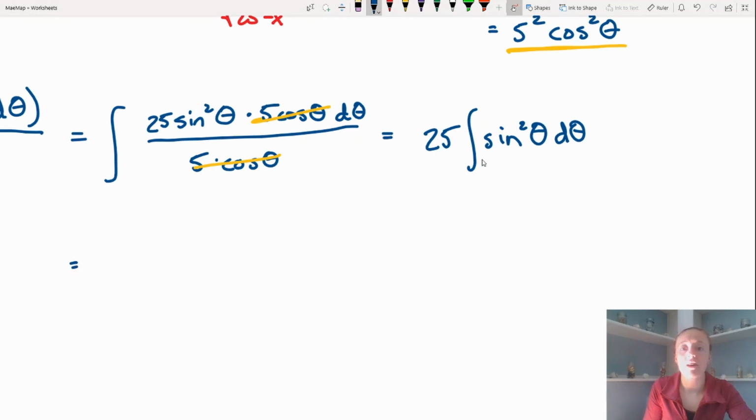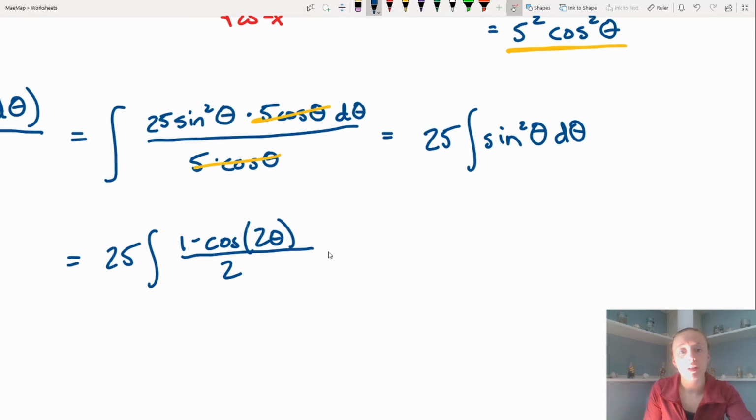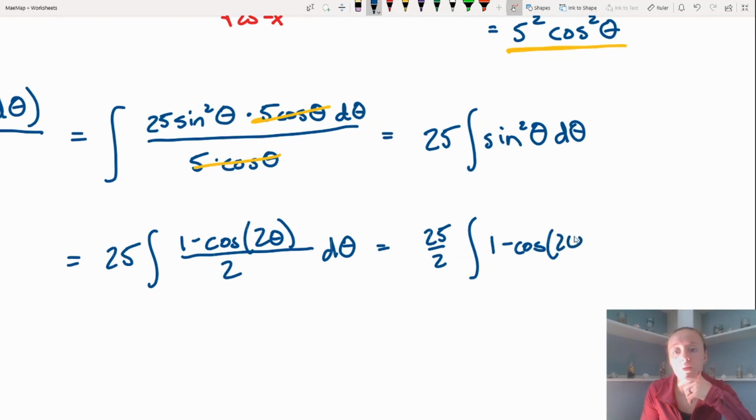So I'm going to have 25 times the integral of 1 minus cosine of 2 theta all over 2 d theta. With this, I can pull a 1/2 out in front so that I have 25 over 2 times the integral of 1 minus cosine of 2 theta d theta.